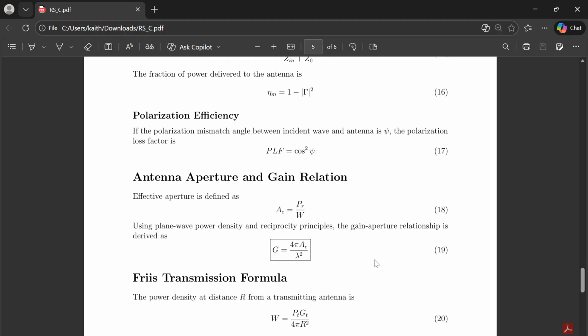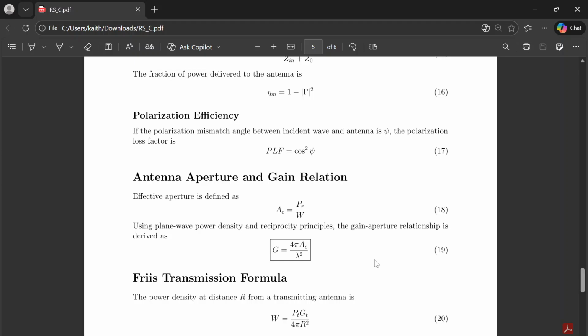Antenna aperture and gain relation. So the effective aperture is defined as the radiated power. It's not the radiated power, sorry. The effective aperture is defined as the received power divided by the actual power at the point. So to find the theoretical power, from the radiation intensity at a distance r and at a particular angle, you know how much power is there.